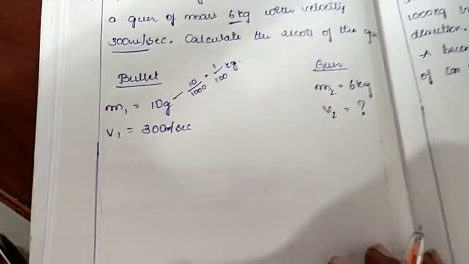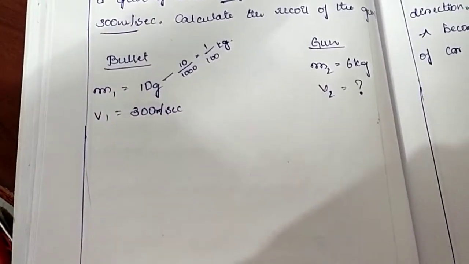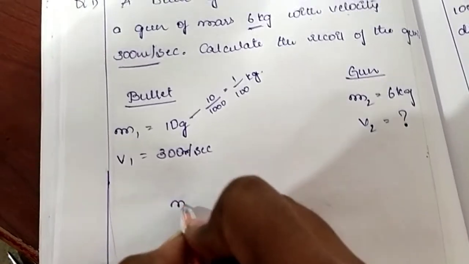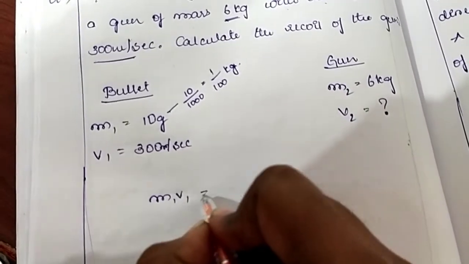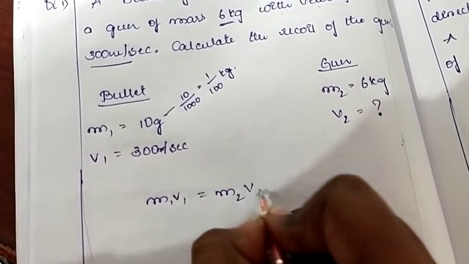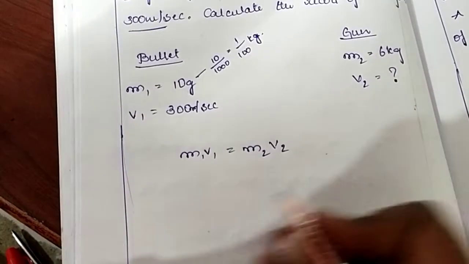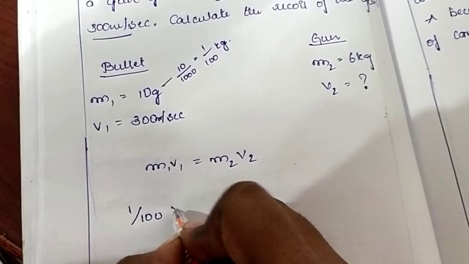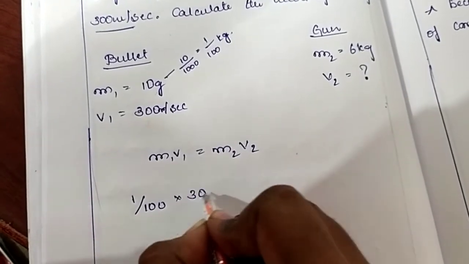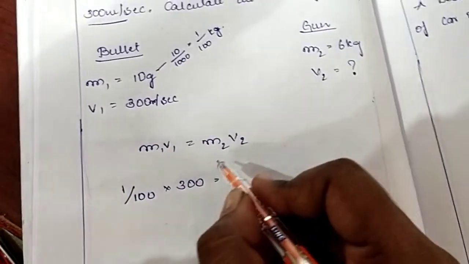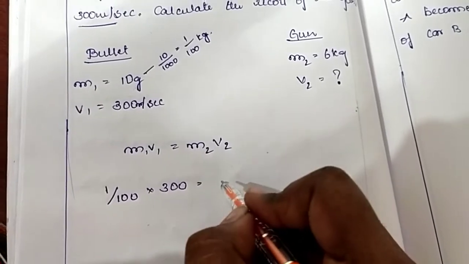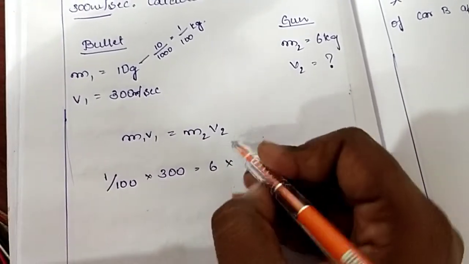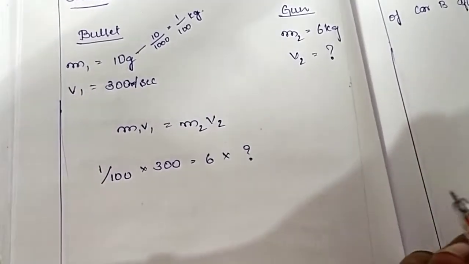So the law of conservation of momentum formula is m1 v1 equals m2 v2. Here m1 is 1 by 100 and velocity is 300, which is equal to m2 which is 6 and v2 which we need to find out.